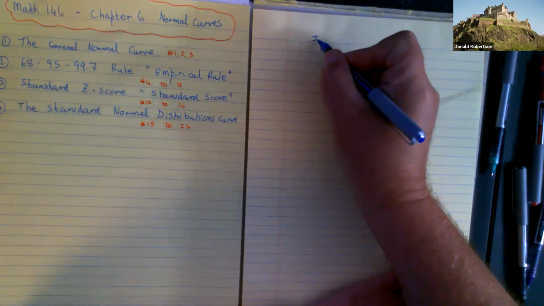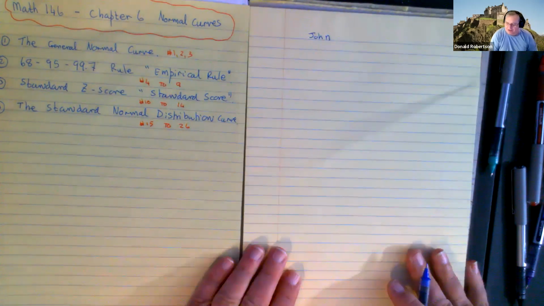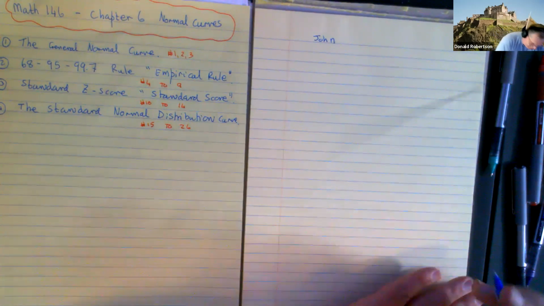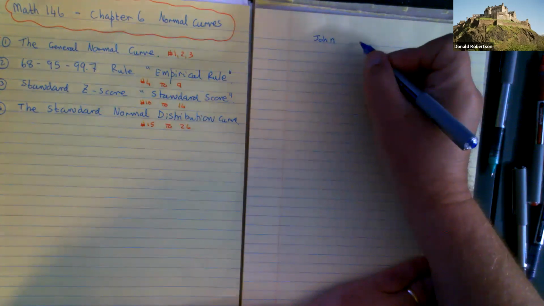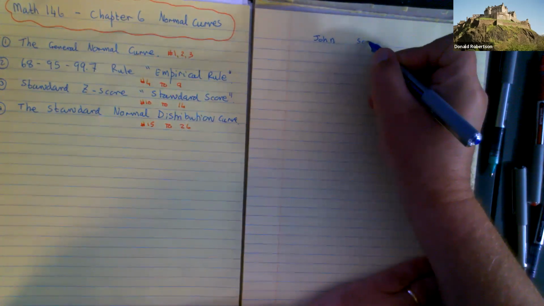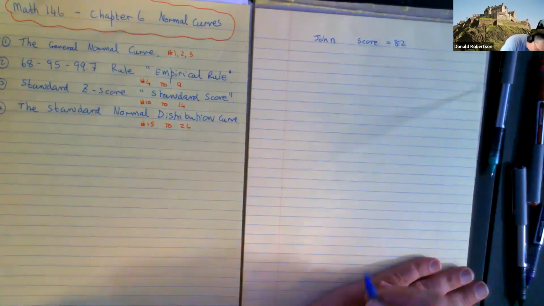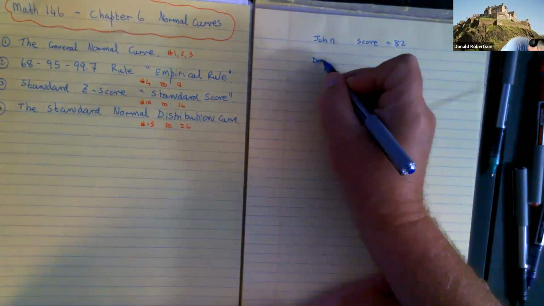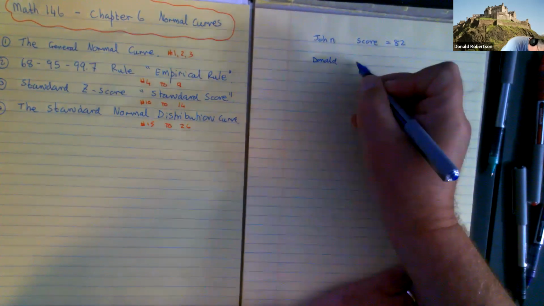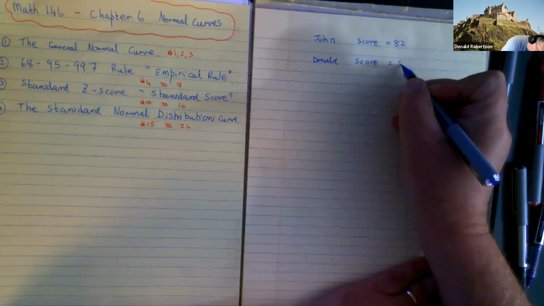So, John, made up, is my twin brother, and John took a math exam, right? And he got, this is his score, he got 82. And me, I was in a different math class and I got 80.